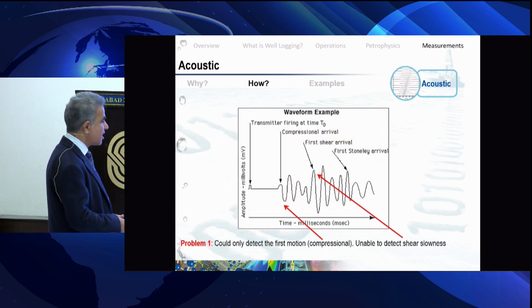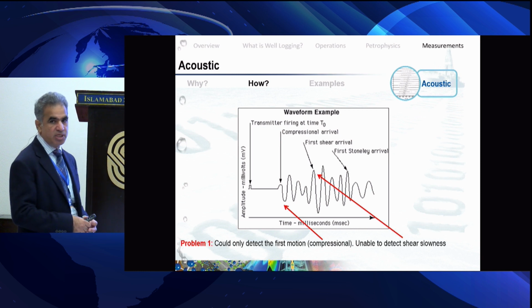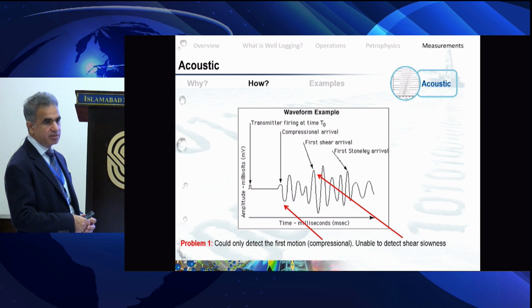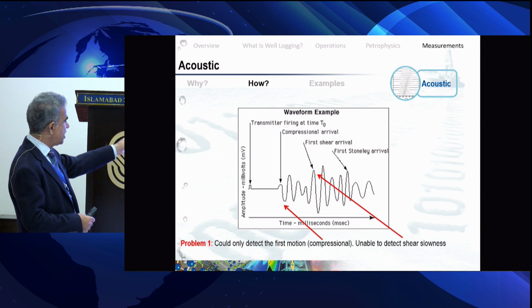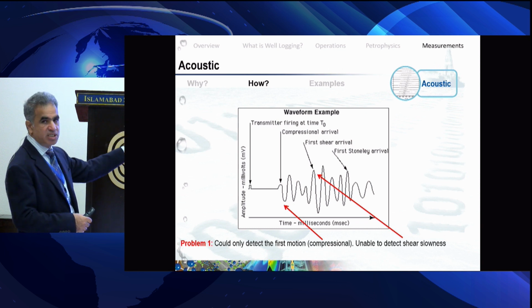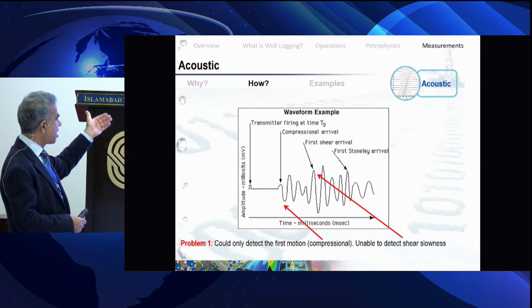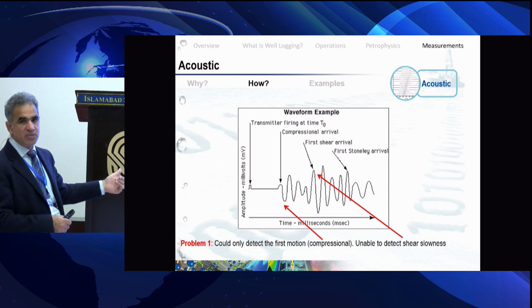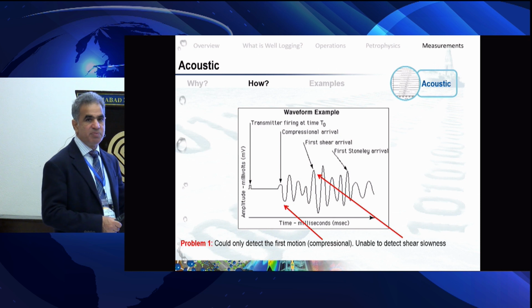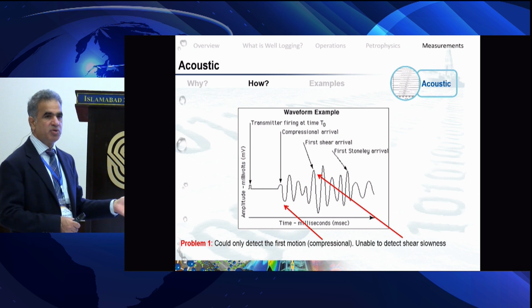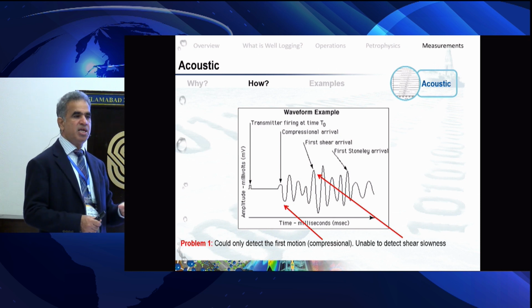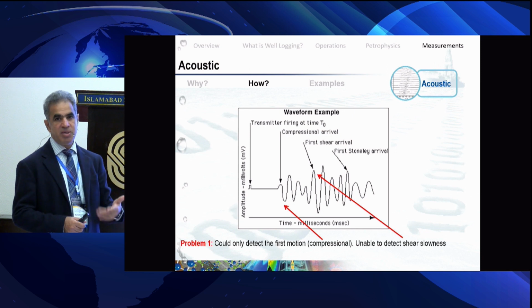When we analyze the wave reaching the detectors or receivers, it has different frequencies and different wavelengths. Based on that, the early one, the first arrival, we call delta T compressional. Sometimes we say delta T only, or sometimes delta T C, where C means compressional.